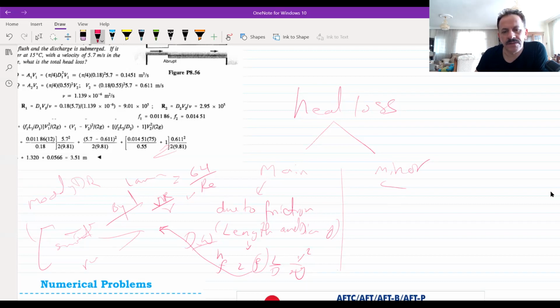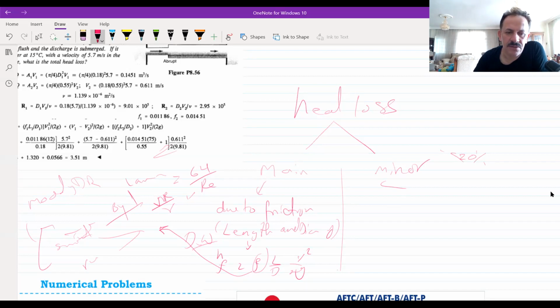The other part of the head losses is called minor. As designers, when we have a network more than 1,000 meters in length, we will not consider the minor losses that much. It will be less than 20% of the friction head loss.